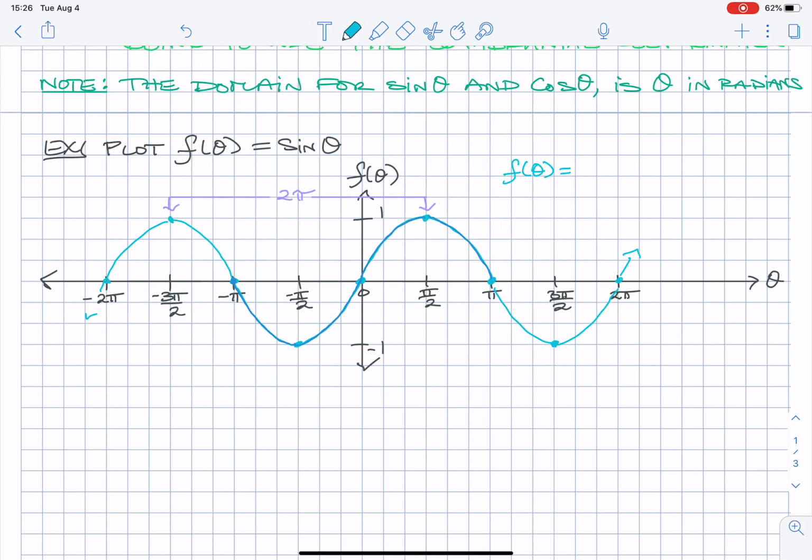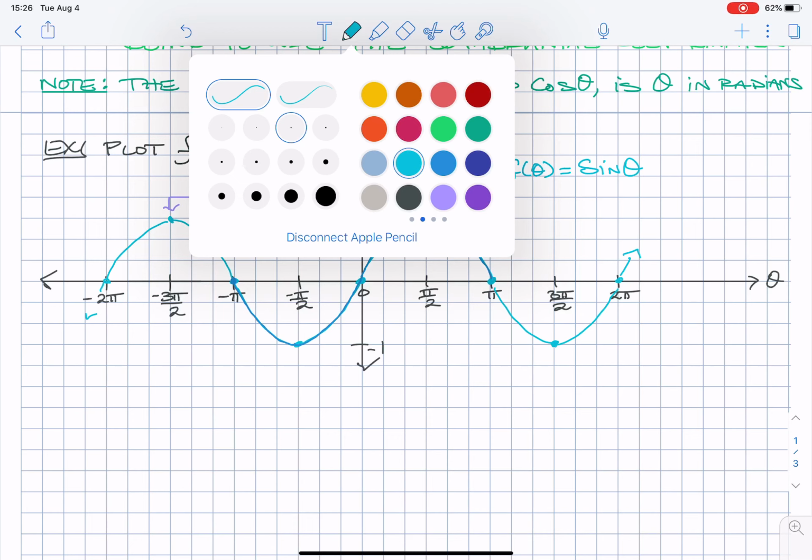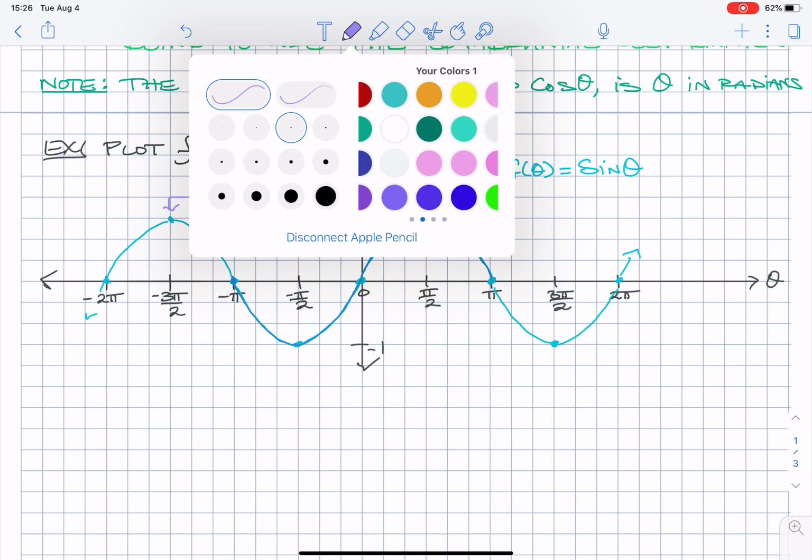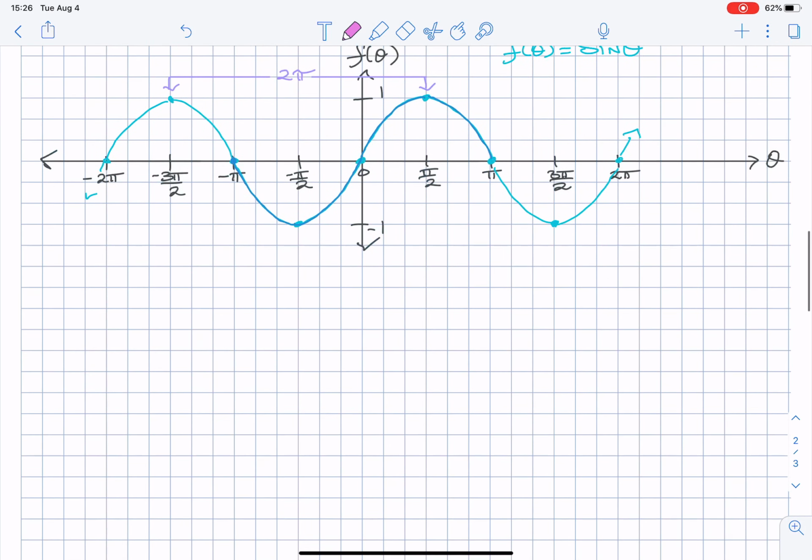Okay, so let me make sure we write that this was f of theta is equal to sine of theta. And the domain of this function, what color should I use for the domain? So the domain of this function was theta, right? So that's the horizontal axis, which is all real numbers, otherwise known as minus infinity to infinity.